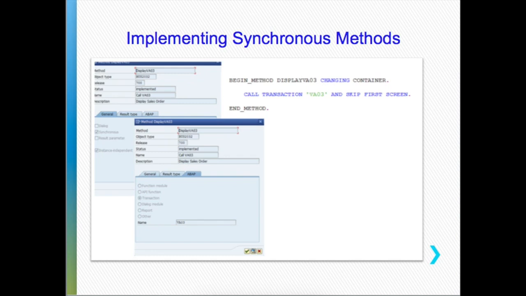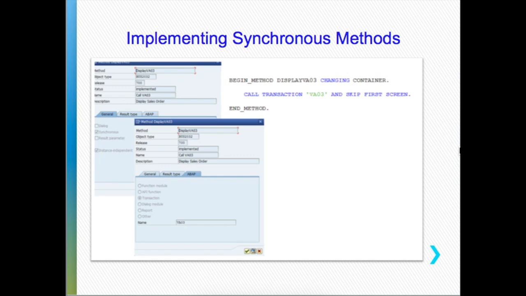If you look at the diagram here, you have an option where you can define the field as synchronous method. You can see it here under the general tab, and if you don't tick that mark, then it becomes an asynchronous method. As soon as you create an implementation, it depends on the implementation. Under the ABAP tab, you can see function module, API function, transaction, dialog module, report, and other.